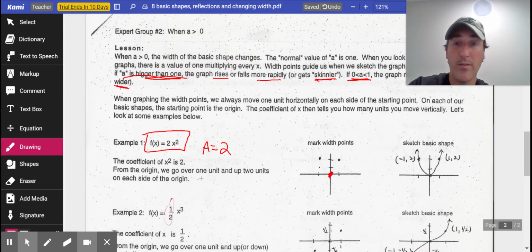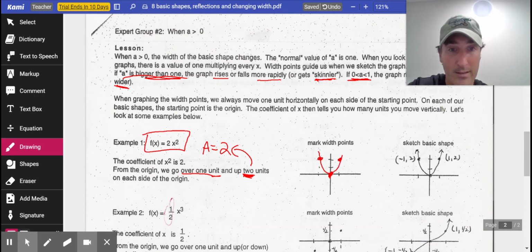The trick is, whatever the a is for a parabola, when you move over 1 unit, right or left, you go up whatever this a value is, and in this case it's 2. So I go to the right one, up 2, and to the left one, up 2 from that vertex. This is what you would get if you plug in -1 and 1, you would get 2. All right, so it's going to get skinnier.